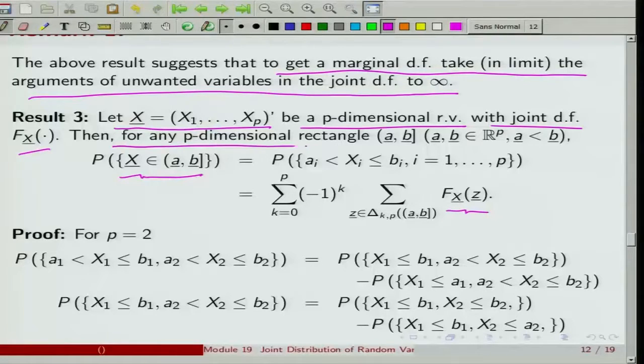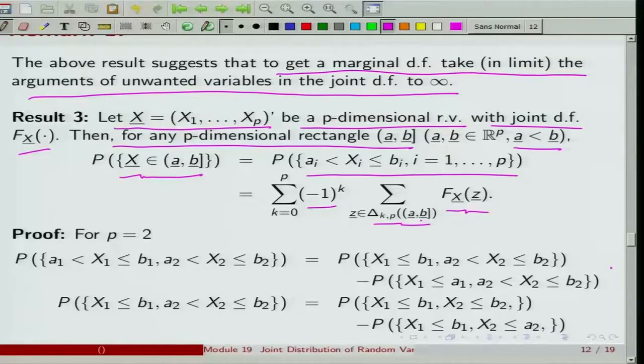Then, for any p dimensional rectangle (a, b], where a, b belong to R^p and a is less than b, the probability that X belongs to (a, b], which is the same as the probability that Xi lies between ai and bi, is the same as the summation over k equal to 0 to p minus 1 of (-1)^k times the sum over all those z belonging to Delta_k^p(a, b) of F_X(z). Note that Delta_k^p(a, b) is the set of vertices of the p dimensional rectangle (a, b] in which k ai's are there and p minus k bj's are there.